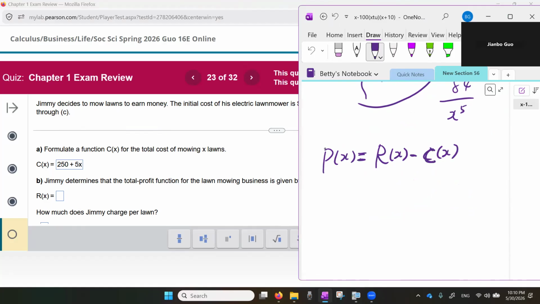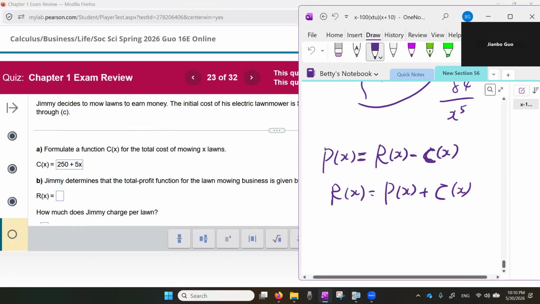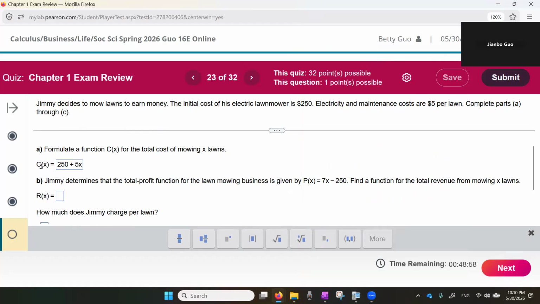So the revenue function is the profit function plus the cost function. If you rearrange the terms in this formula, revenue is profit plus cost. So you just need to add the cost function and the profit function together.